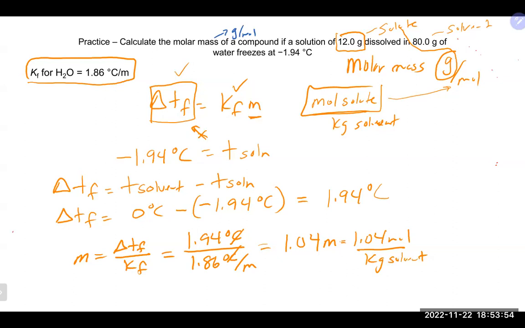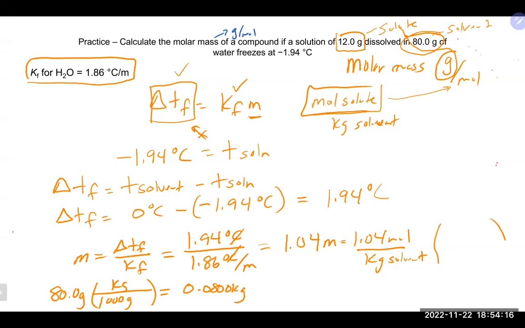Now, my solvent was the water, and they told us how much water we used, which was 80 grams. So we could take our 80 grams of water and convert it into kilograms, which is 1,000 grams in a kilogram, 0.08 kilograms.